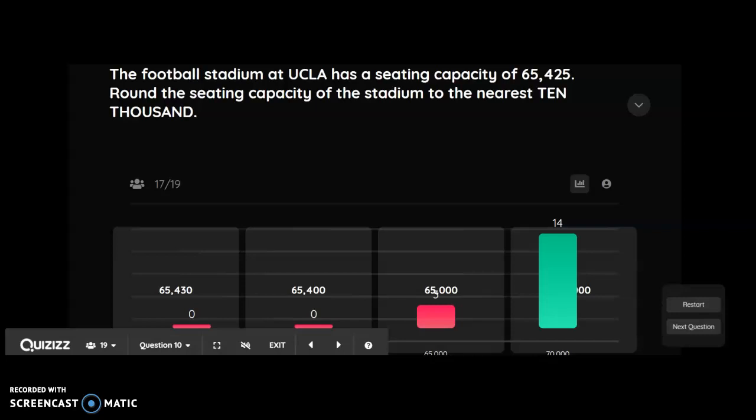Then the answer choice that tricked some of you, it's rounded to the nearest 1,000, 65,000. But what did the question ask you to round to? The nearest 10,000. So the 5 in the thousands place value tells the 6 in the 10,000s to go up. It rounds to 70,000.